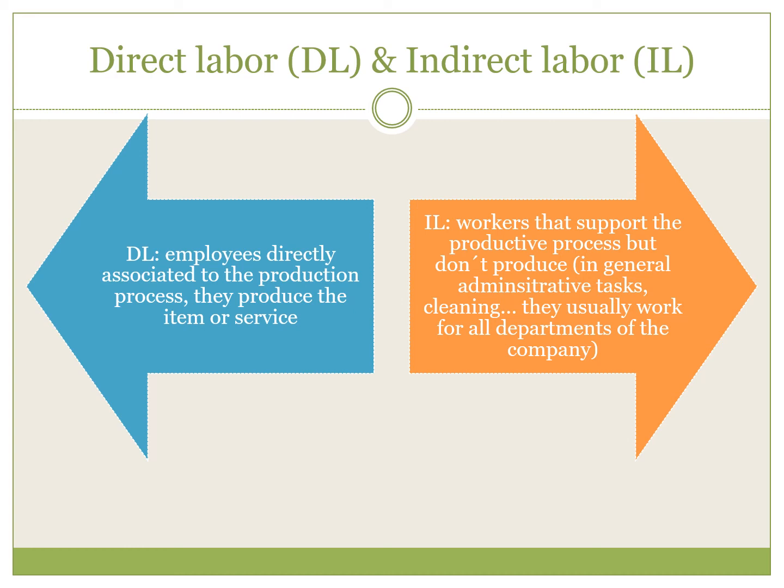Let me help you with an example. In the case of a class, direct labor will be the teacher. The teacher is the one that is providing the service. Who would be indirect labor?